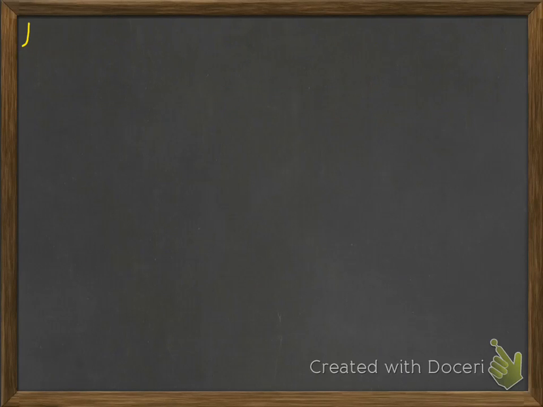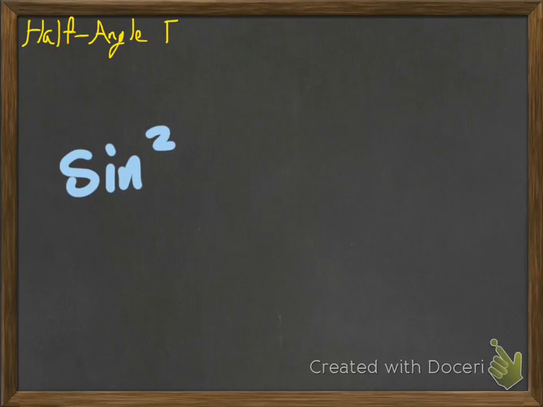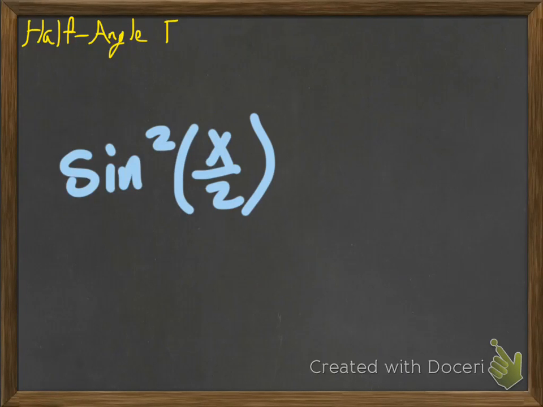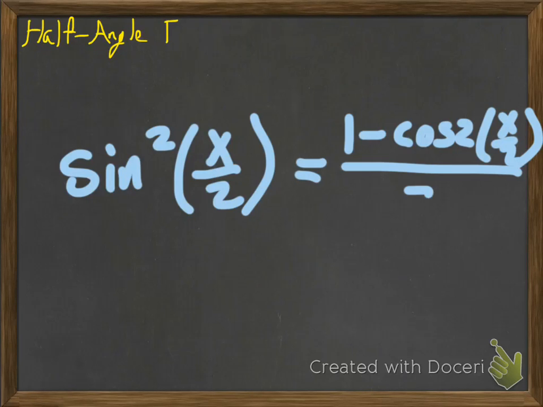All right, well, let's move along, and then we have some more formulas. We got the half angle formulas. So where we can get these half angle formulas is doing some manipulation of the power reducing formulas. So for example, if we write sine squared of x over 2, that's going to be equal to 1 minus cosine 2, and then x over 2, all over 2.